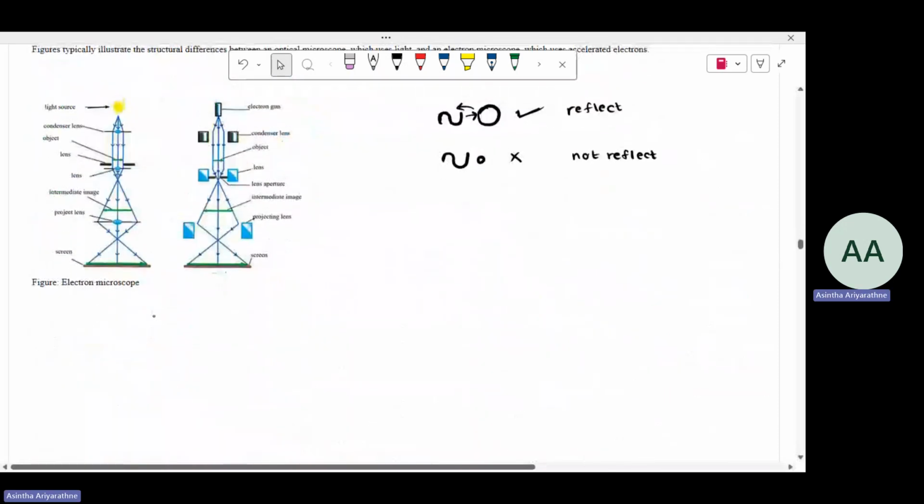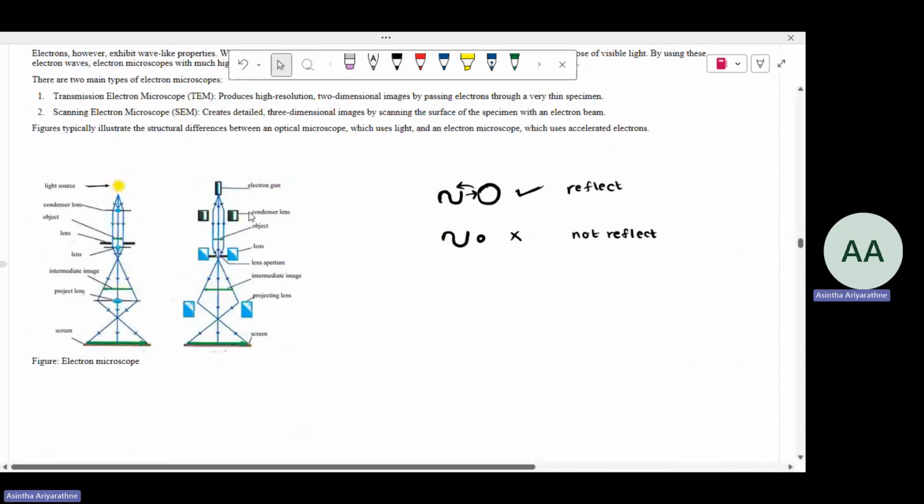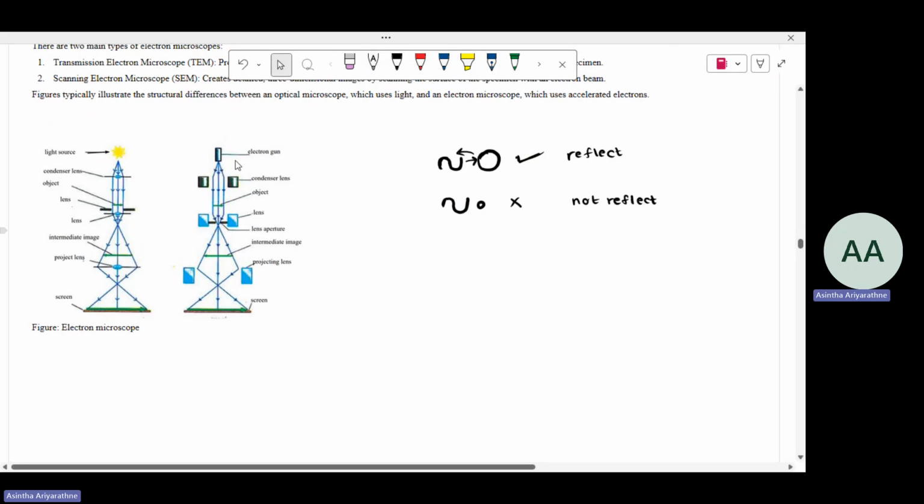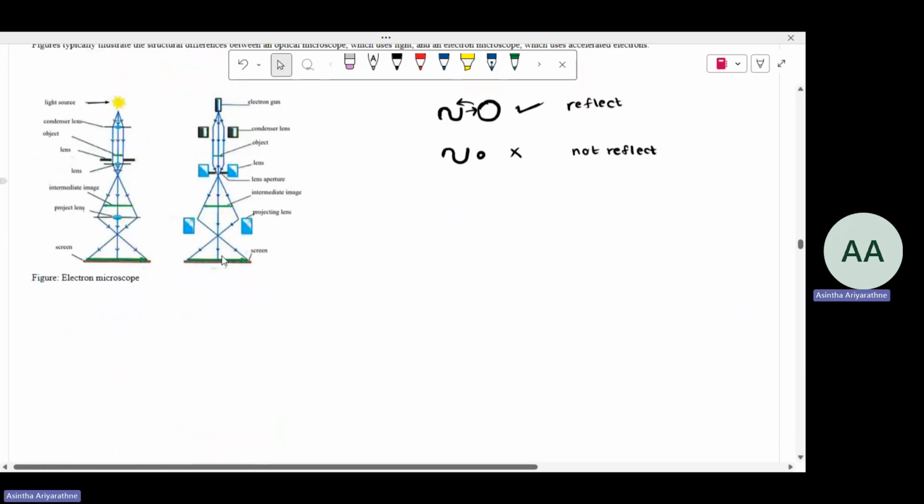So that is the thing implemented in the electron microscope. First, it is accelerated to a very high velocity, and then electrons are shot and diffracted. Right, the path is changed using this lens, an electromagnetic lens.